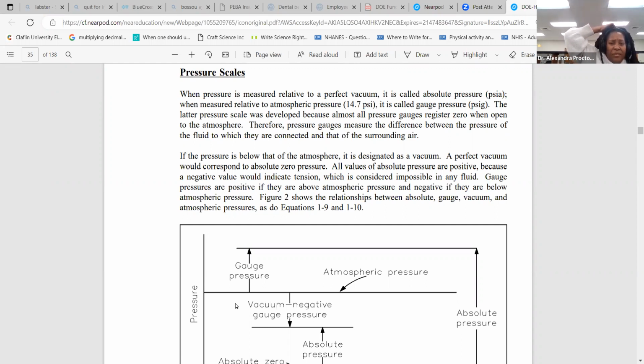So all values of absolute pressure are positive, because a negative value indicates that there would be some tension, which is impossible in any fluid. So gauge pressures are positive if they are above atmospheric pressure and negative if they are below atmospheric pressure.